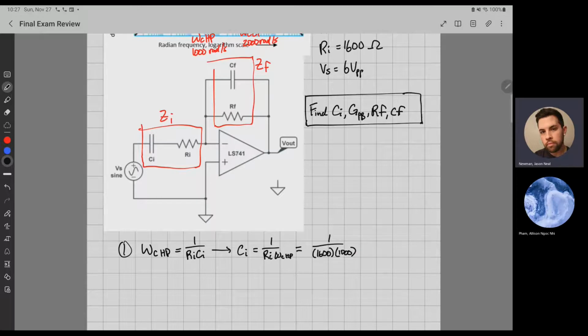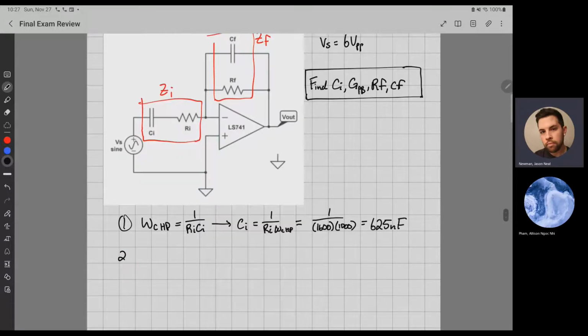Whatever that value is gives us Ci. Let me type it in the calculator real quick. Okay, so this would be 625 nanofarads. Let me see if I got that right. Yes, okay. So that's that.